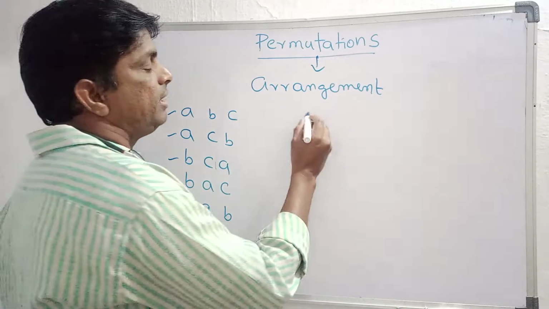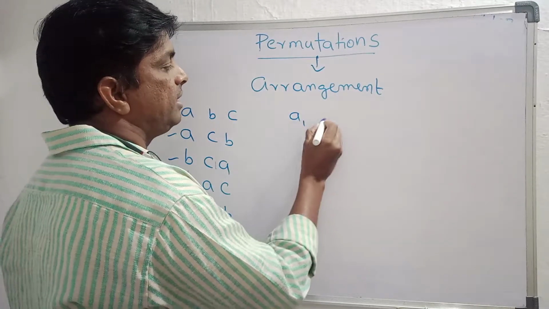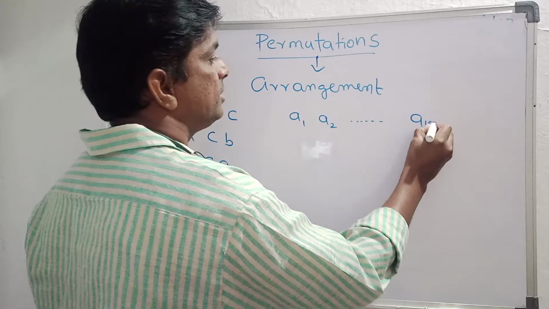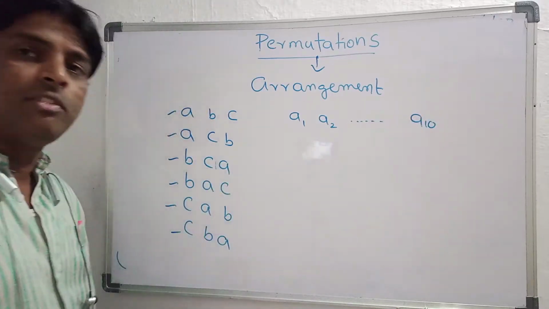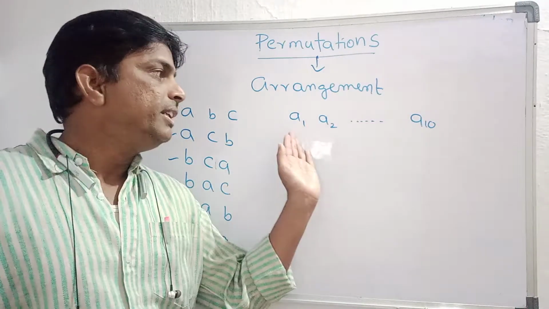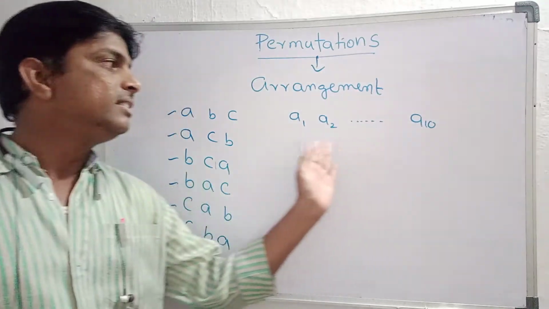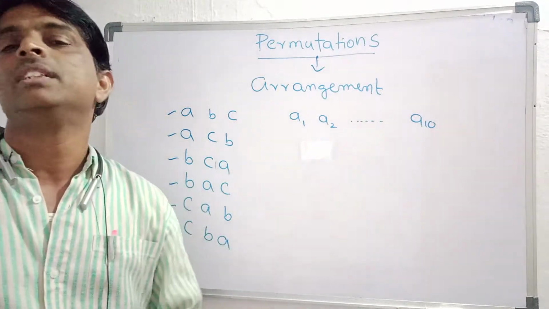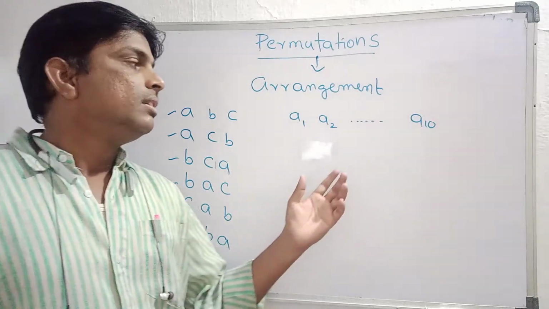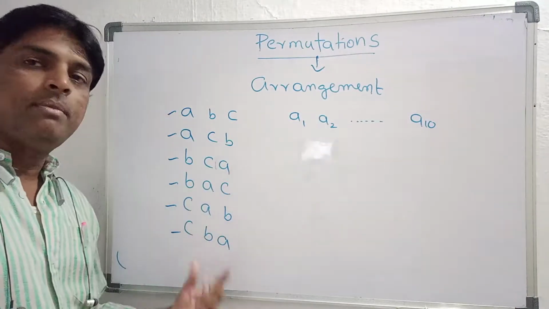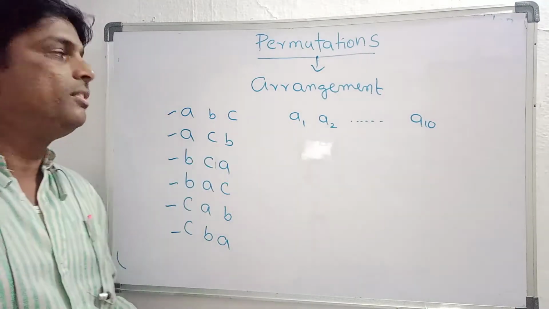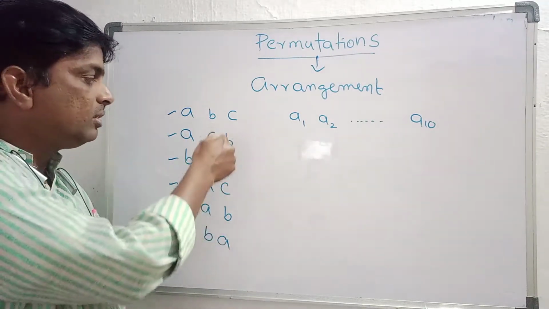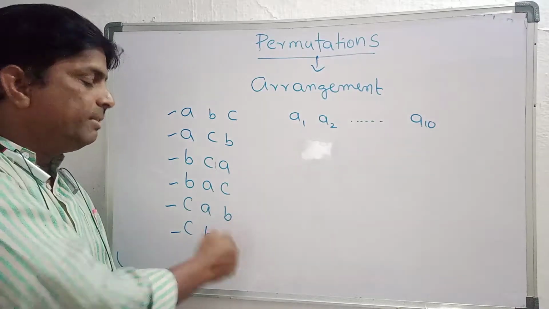Now let's suppose I have given 10 persons, A1, A2, and so on up to A10. Can you tell me how many different ways these 10 persons can stand in a line? With three persons, I wrote the different possibilities on a piece of paper and got 6 arrangements.